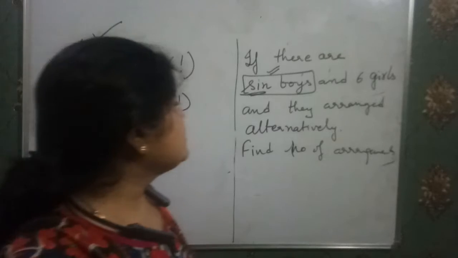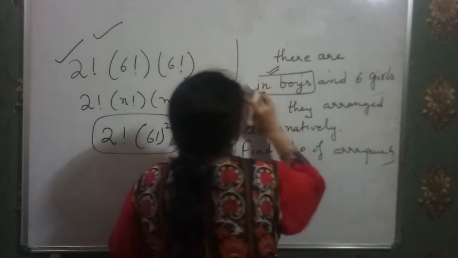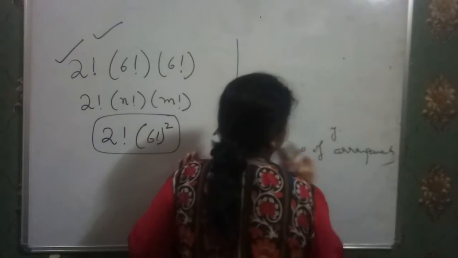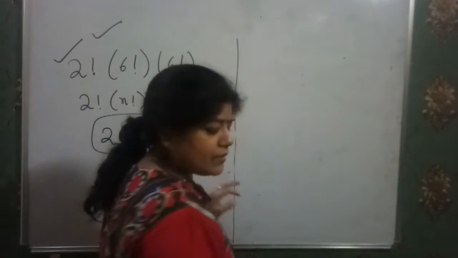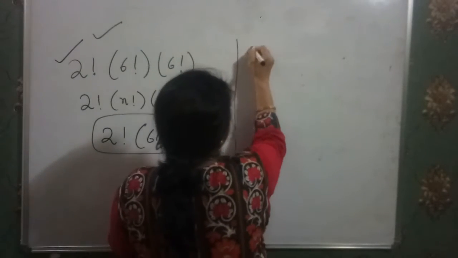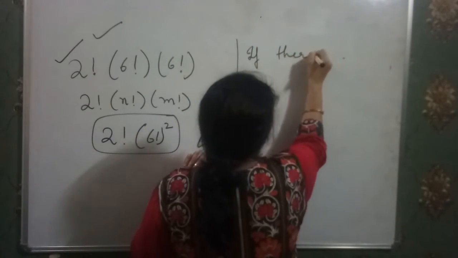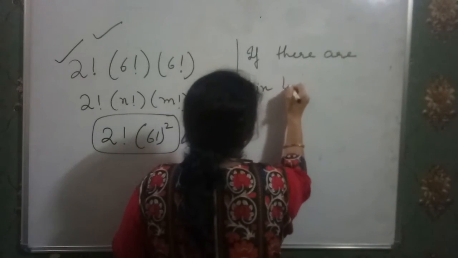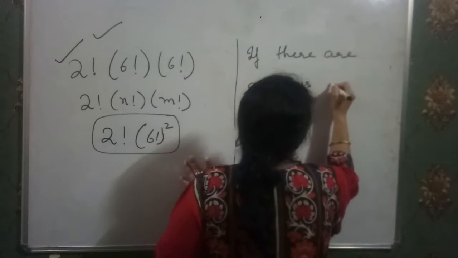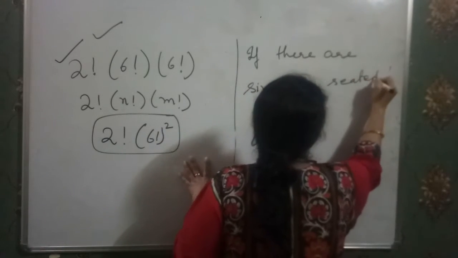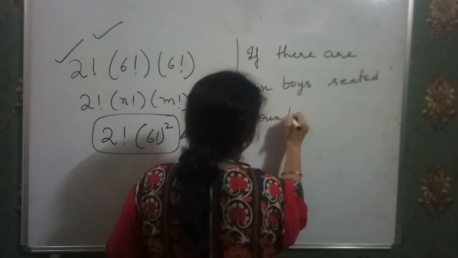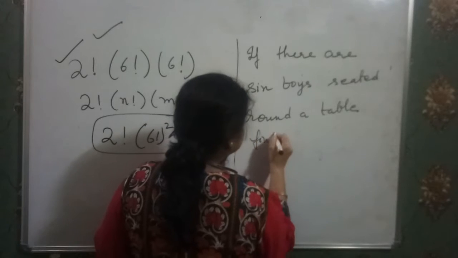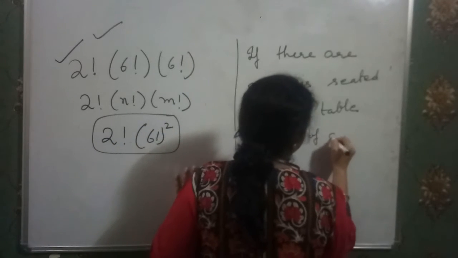Now I am going to take another type of question in which these boys and girls are arranged in a circle. Okay? For example, I have a question. If there are 6 boys seated round a table, find the number of arrangements.